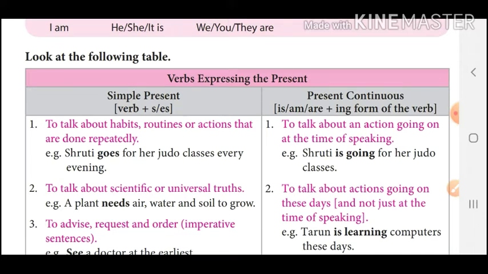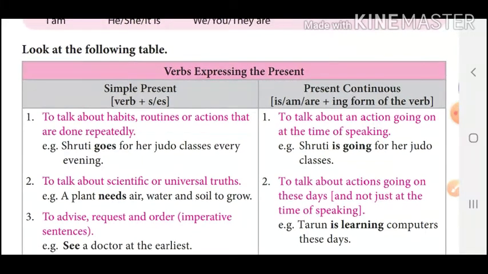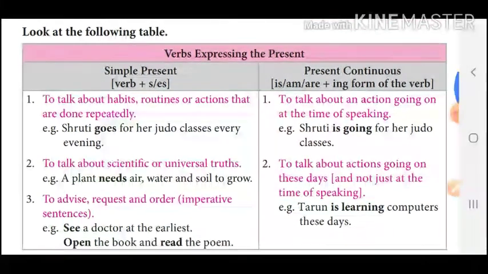It means in the present tense we use the first form of the verb plus S or ES with the third person, but with the first person, second person and plural subjects we use only V1. On the other hand, the structure of present continuous tense is subject plus is, am, are plus the ing form of the verb.